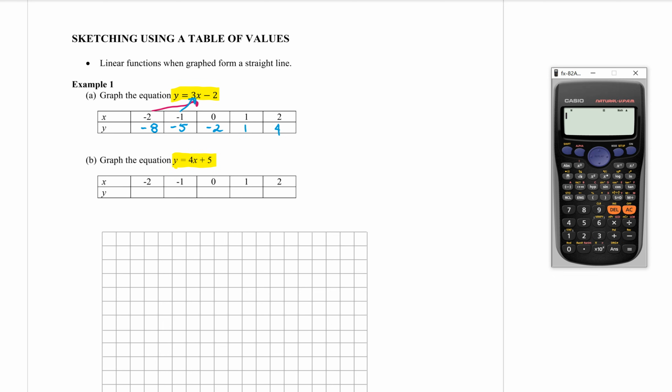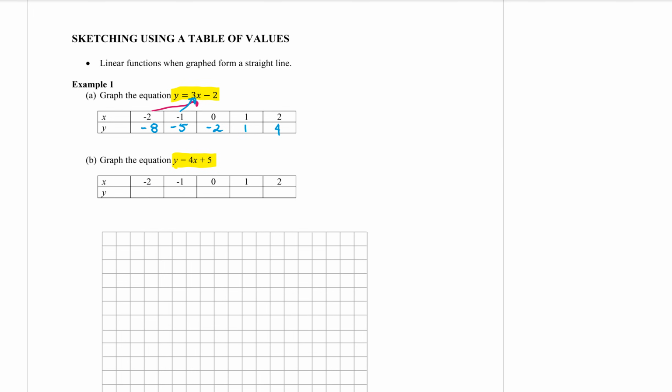We want to go 4 times, again starting with -2 for my first X value. So 4 times -2, and then the rest of my formula says plus 5 equals. So my first answer is -3.